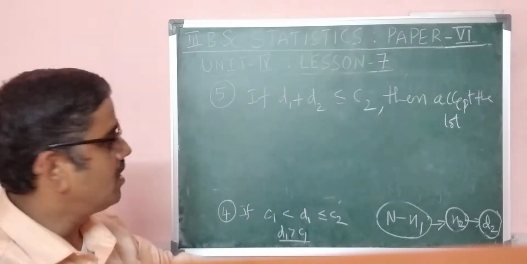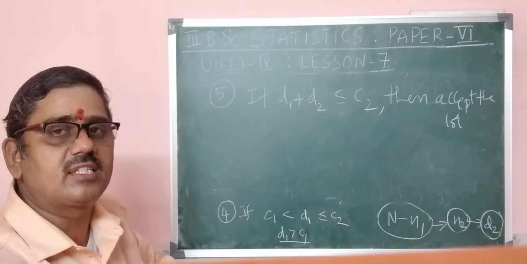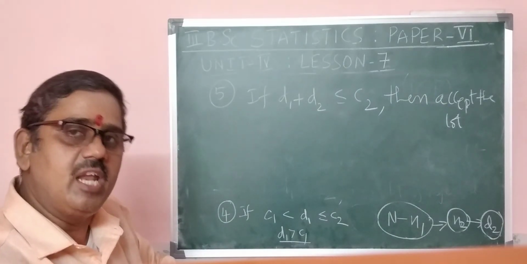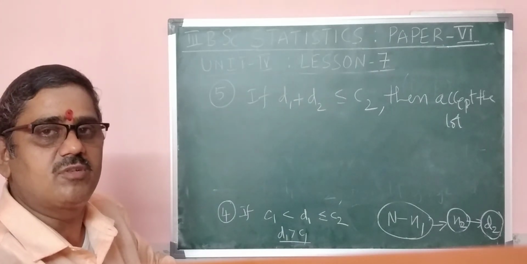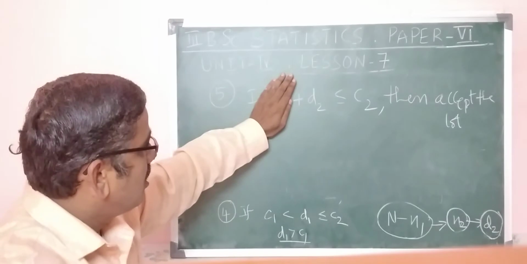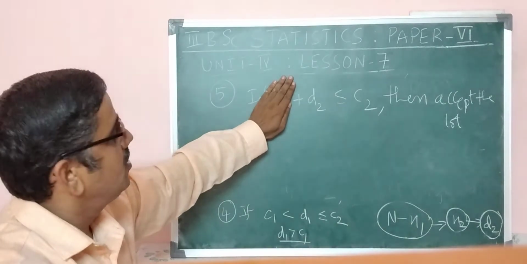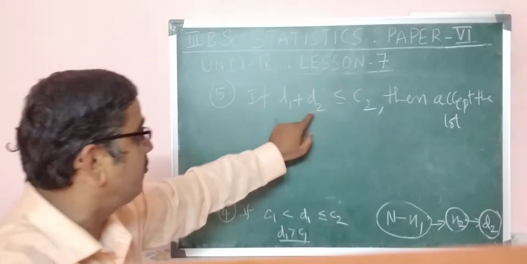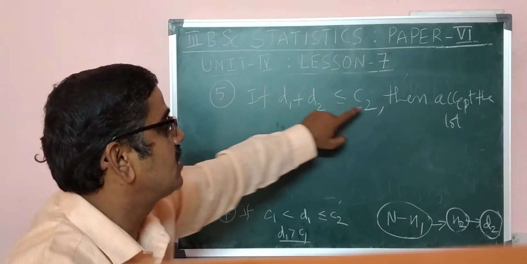I remember, in the second step, if D1 is less than or equal to C1, then we accept the lot based on the first sample by replacing defectives with non-defectives. These defective items are already replaced with good ones. Now the remaining D2 defective items are also replaced in the case where D1 plus D2 is less than or equal to C2.